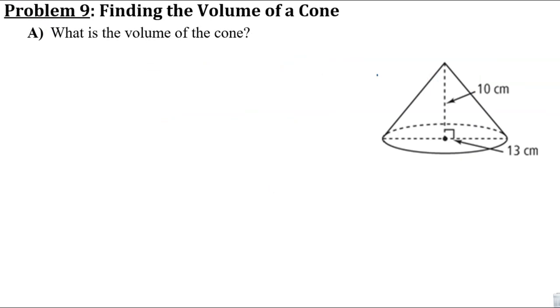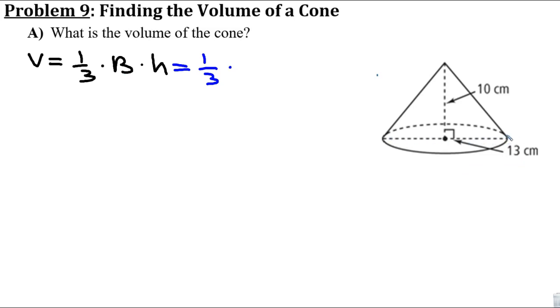And the last problem we're going to look at is finding the volume of a cone. Once again, we said volume of a pyramid or a cone is 1/3 times area of the base, so times big B, times H, the height. So what we have here then is 1/3 times the area of the base, so the area of the circle on the bottom. Let's say that this 13 is pointing to the diameter.